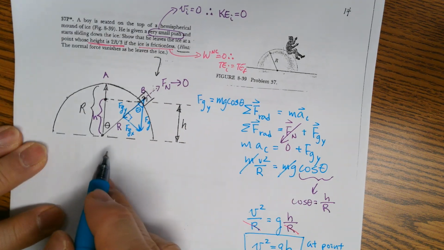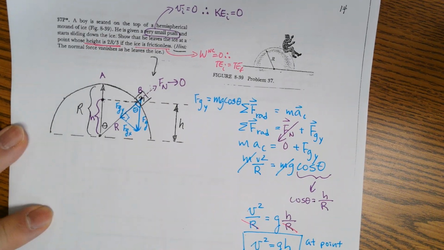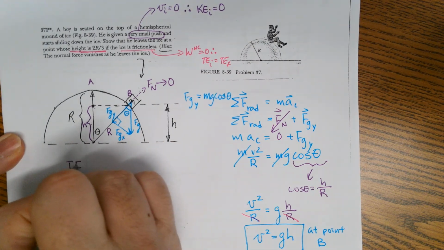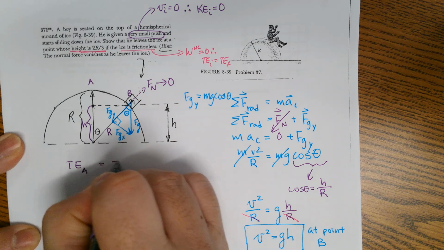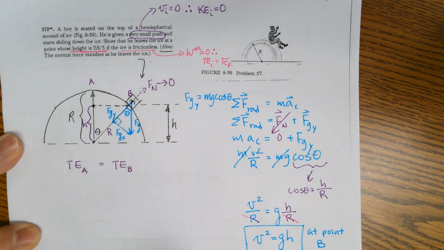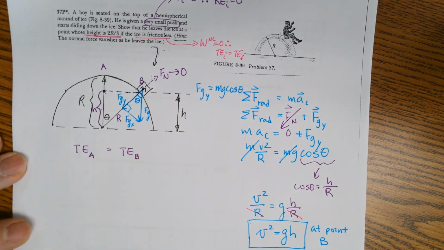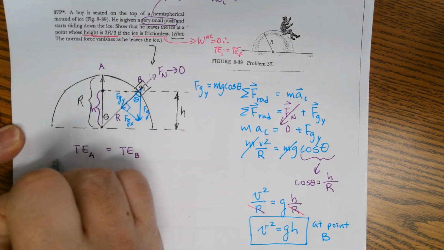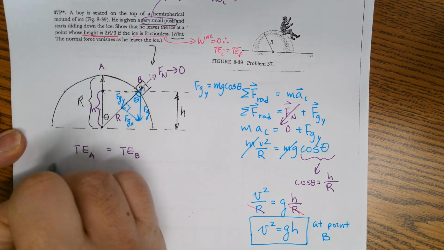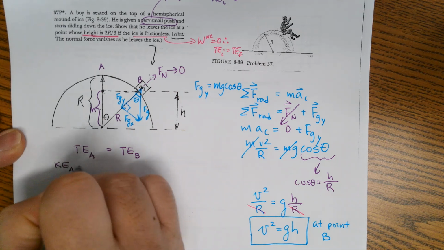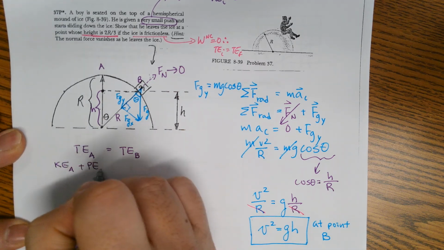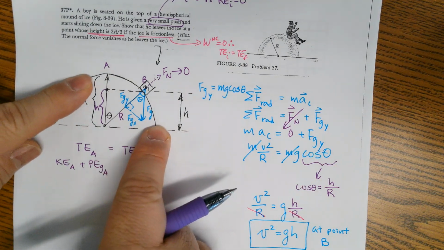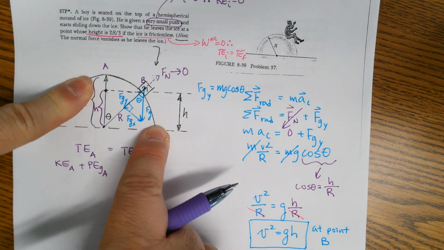Now, if we take energy consideration, total energy at point A is equal to total energy at point B. I could have kinetic energy at A plus the gravitational potential energy at A. There's no spring involved, so I don't have to worry about spring potential energy.